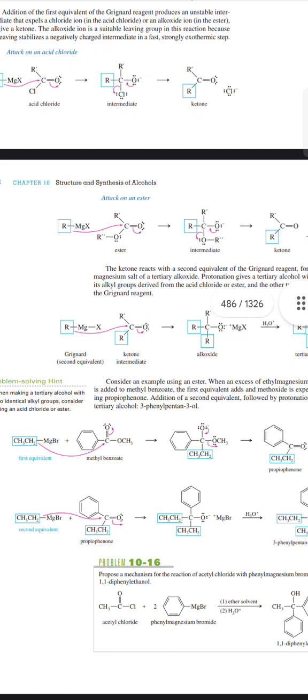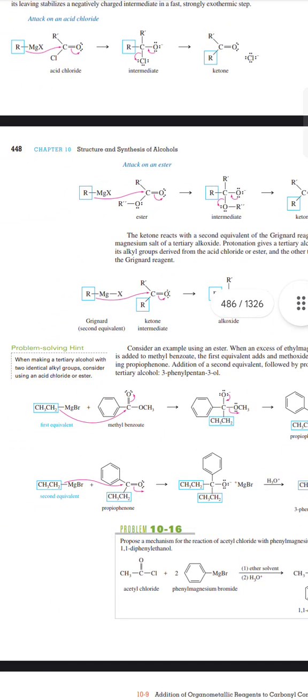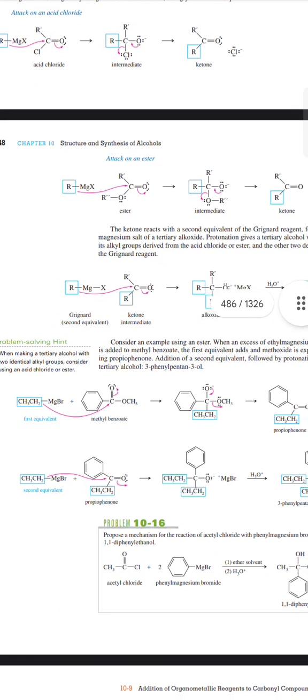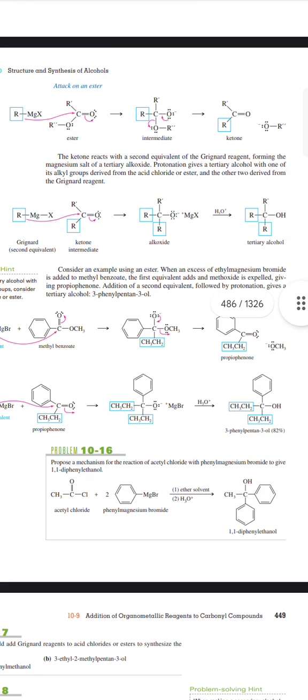So in this example we have taken methyl benzoate, and when the first equivalent of ethyl magnesium bromide is added, propiophenone is formed first. Then when the second equivalent is added to propiophenone, our required alcohol, 3-phenylpentan-3-ol, is formed.